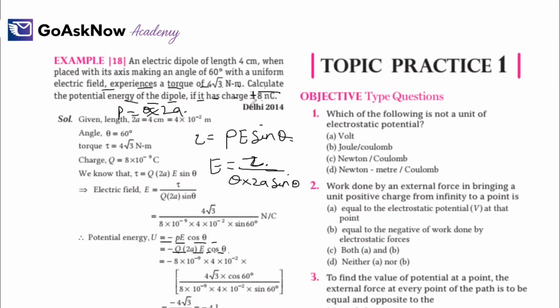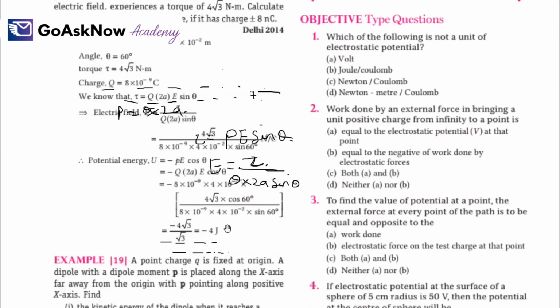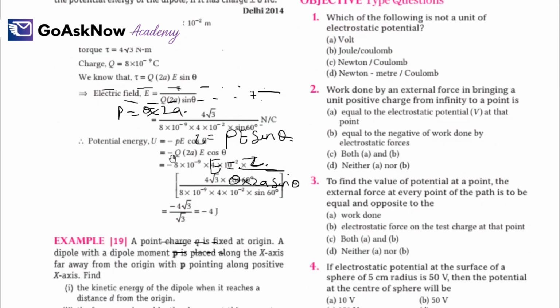Now just apply the formula and get the result. After calculating this part, you will get the result as minus 4 joule. So this is your final answer for this system. Just substitute the values, you will get this answer.